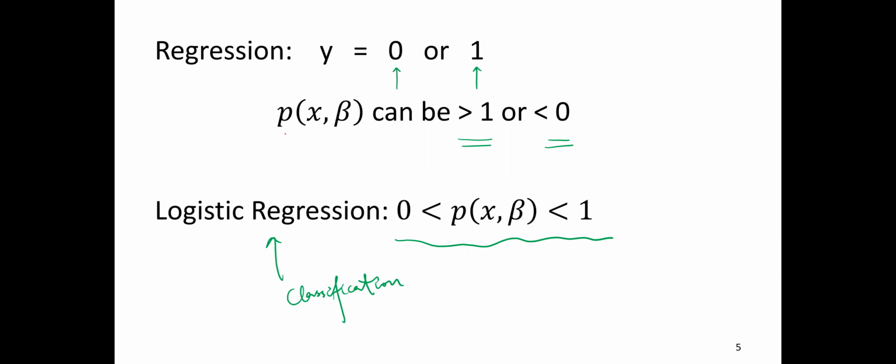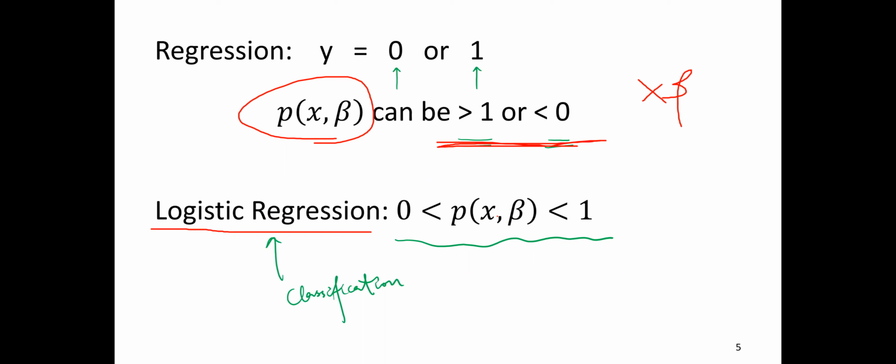But if we just use P as our response variable with regression, because we have x beta, which is beta 0 plus beta 1 x, it could be greater than 1 or less than 0. So we want to develop a formula that can constrain the response variable, the probability that this tumor is malignant or not, to be in the range of 0 and 1. So the regression model is not a good model.